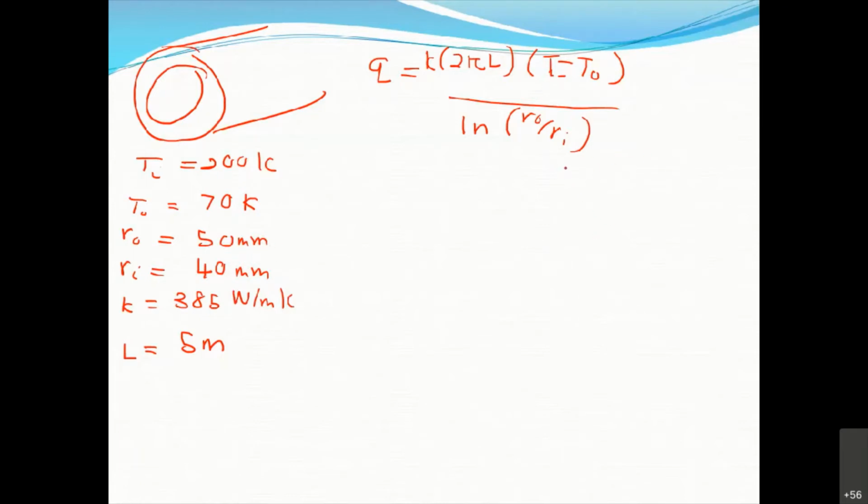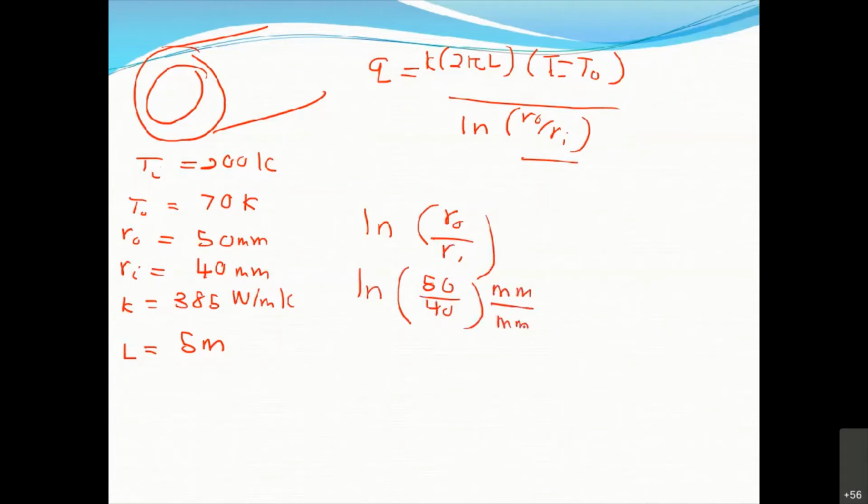Because if I just put here ln Ro over Ri, when you put in ln 50 over 40, it's going to be mm over mm. So the unit will cancel out each other. So it's going to be the same.